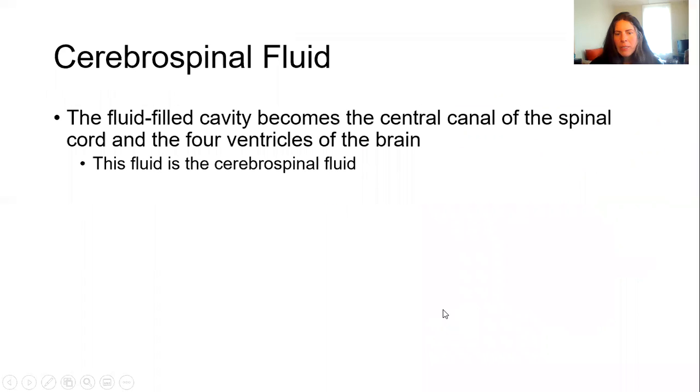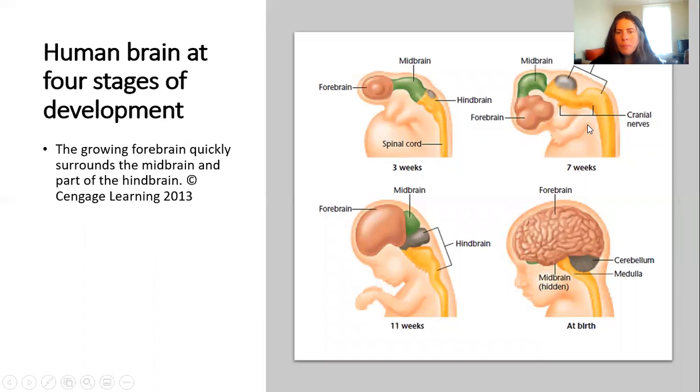Right here we have the brain stem. And then by birth, we see the forebrain with its gyri and sulci developed in some areas, not the prefrontal cortex, but areas that are receptive to sensory information are beginning to be developed at birth.